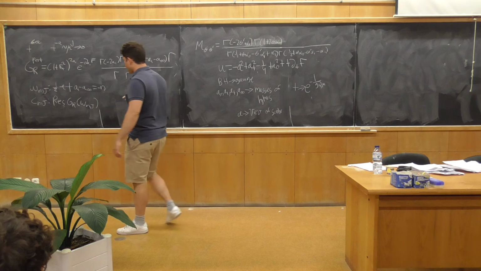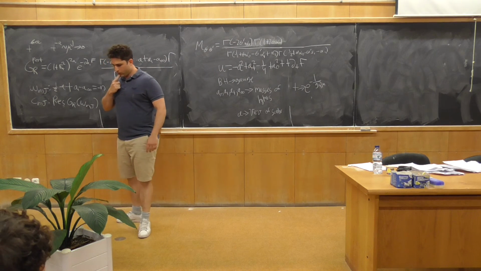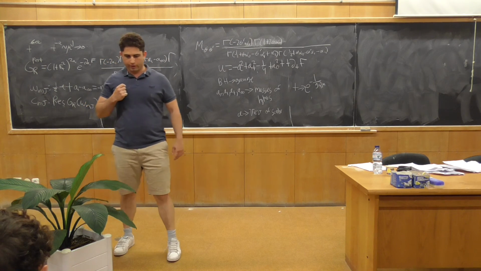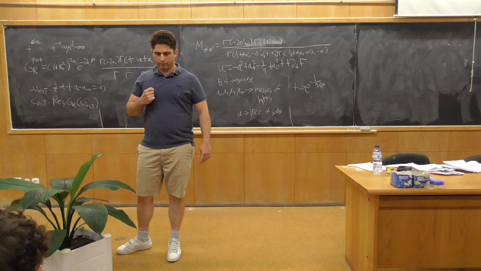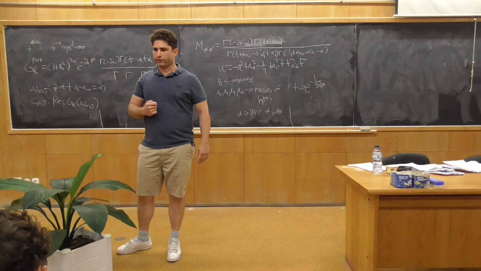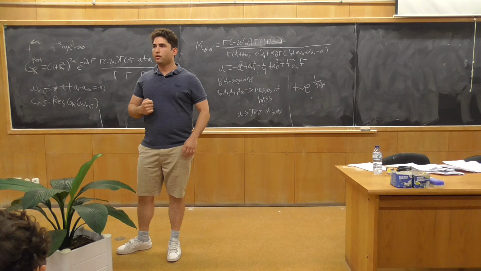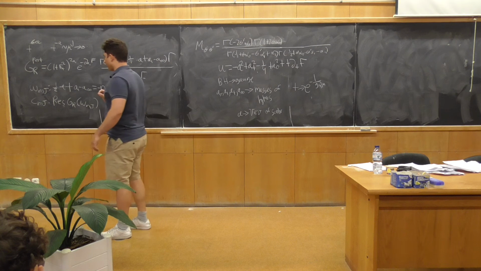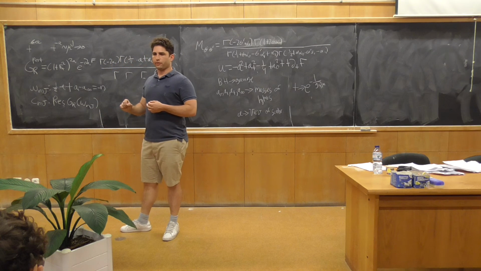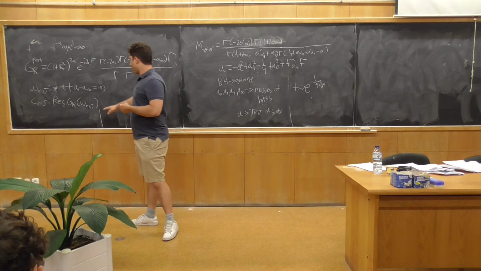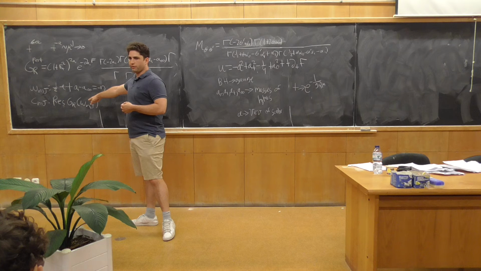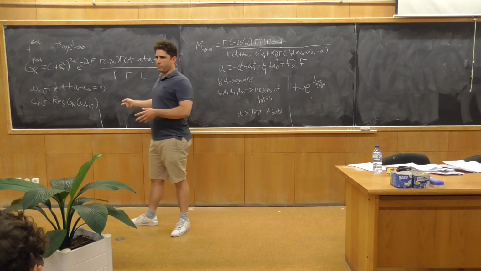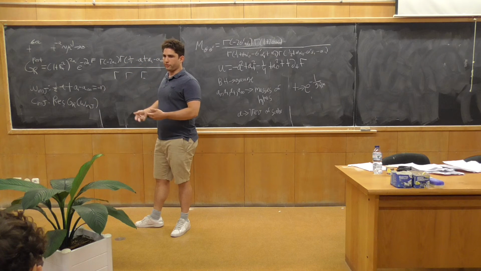Yeah, so it's because of the relation between the retarded Green's function and the Wightman function, because the Wightman function is the imaginary part of the retarded Green's function, and so you pick up the residue of the pole, and that gives the four-point function that we want.